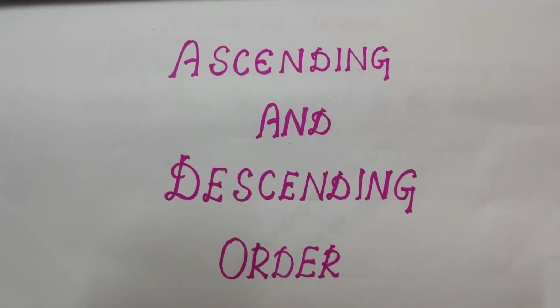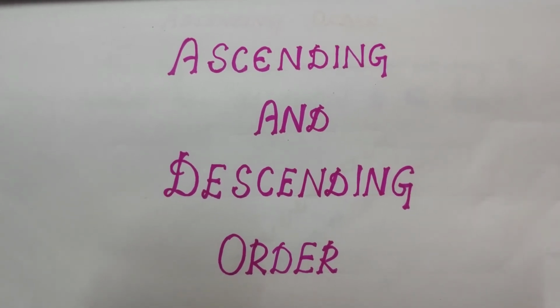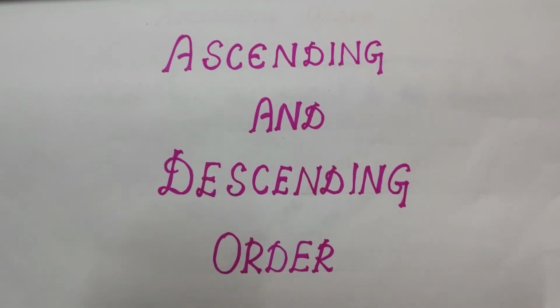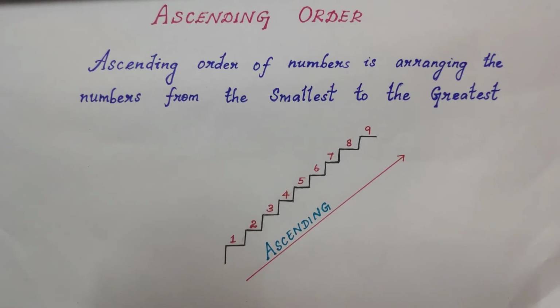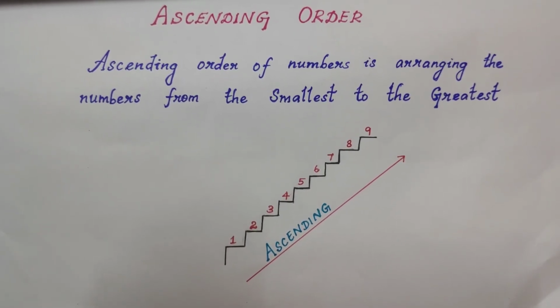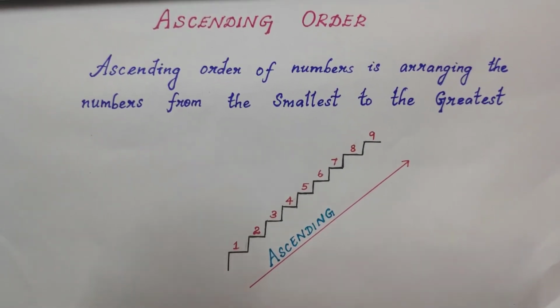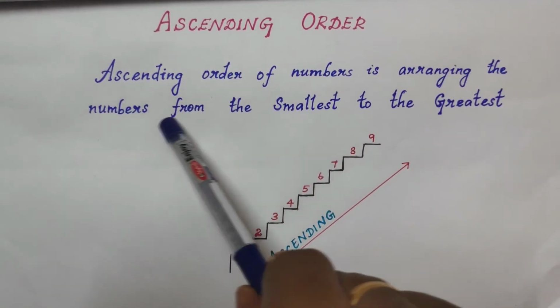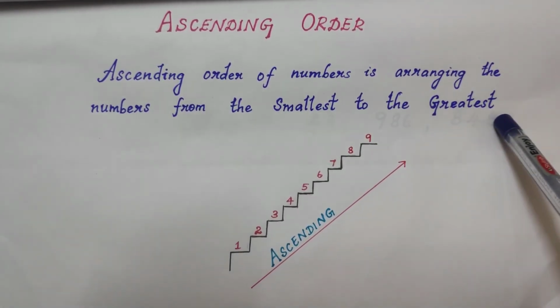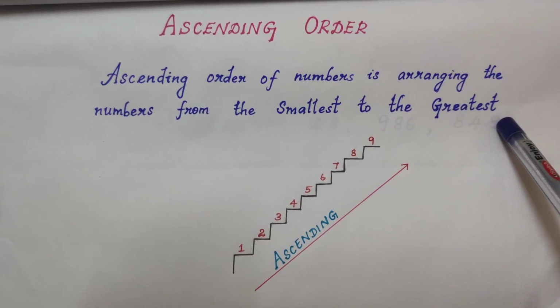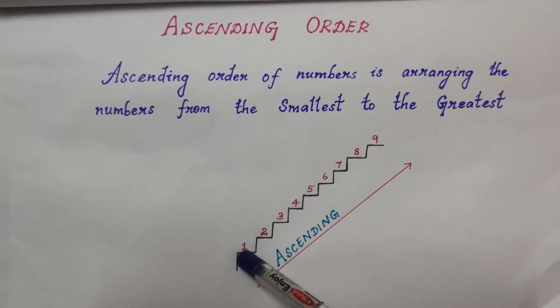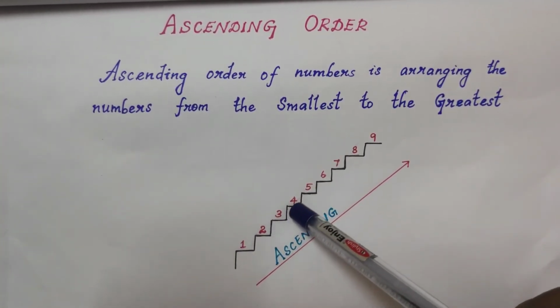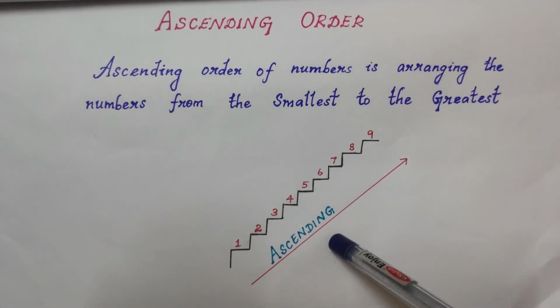Now we will learn about the ascending and descending order. First, I'll explain you about the ascending order. Arranging the numbers from the smallest to the greatest is the ascending order.